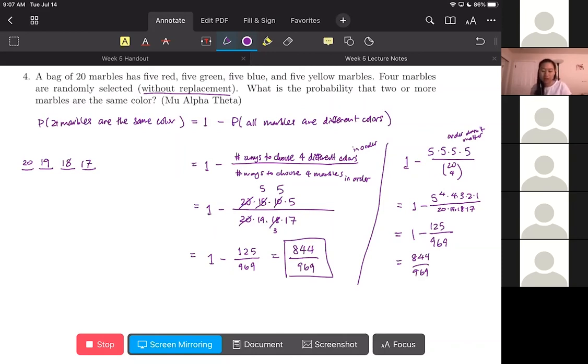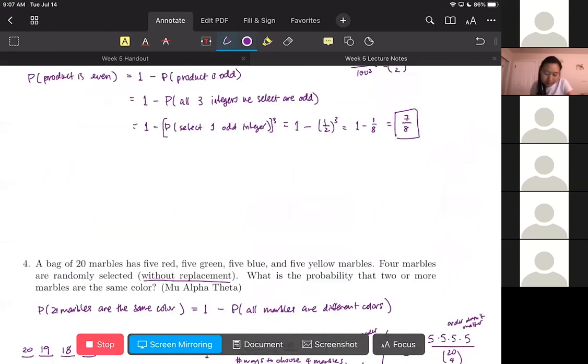One thing you might see is when there's at least something, or when there's 2 or more of something, that usually means, hey, I need to do cases to count: what if it's 2, what if it's 3, what if it's 4? That can be an indicator in the problem that you might want to use complementary probability.